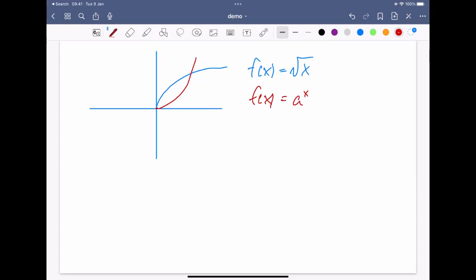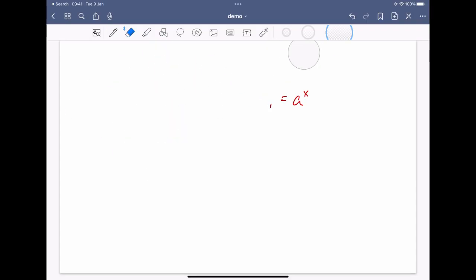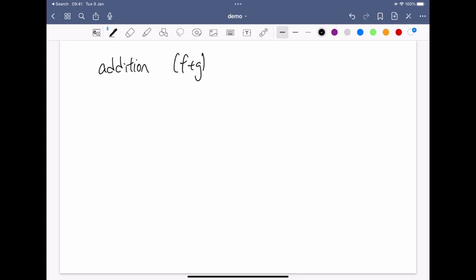I'll give you a brief overview of operations on functions. So it's just like, how do you add, subtract, multiply, divide outputs? The four operations: for addition, given some functions, f plus g of x equals f of x plus g of x.